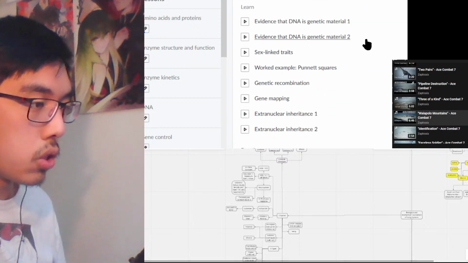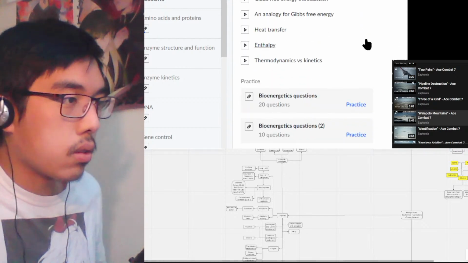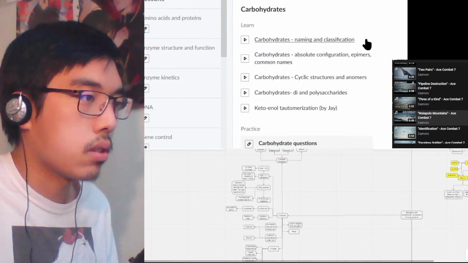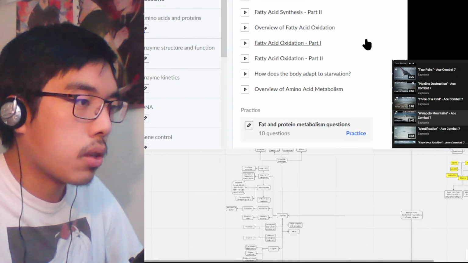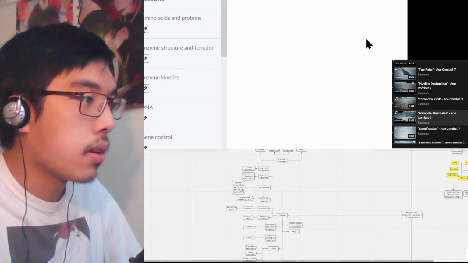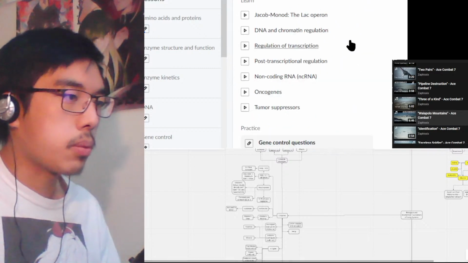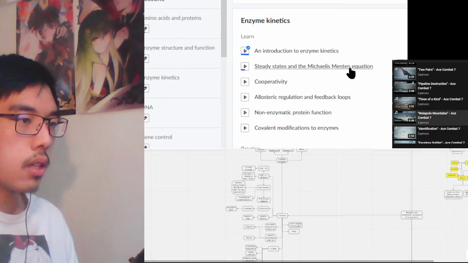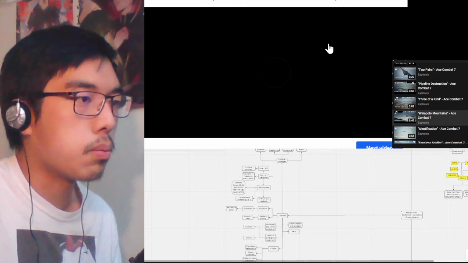Okay, we have hella genetics coming up. Evolution and population dynamics. A lot of genetics coming up first before we can get to Krebs cycle. We want Krebs cycle to go burr, but we can't do that just yet. Let's keep going with this Michaelis-Menten equation.